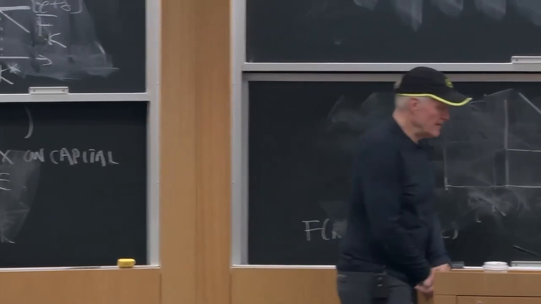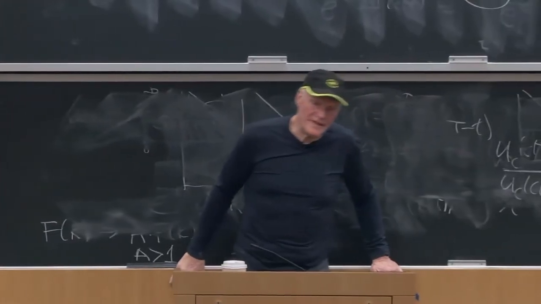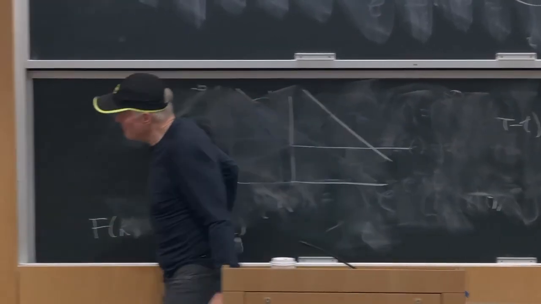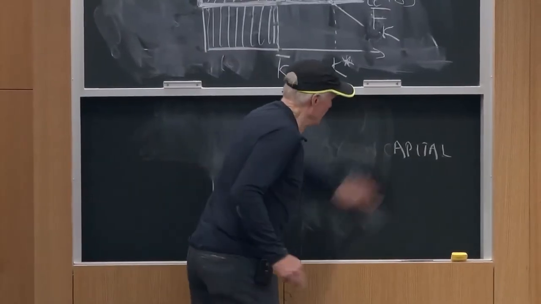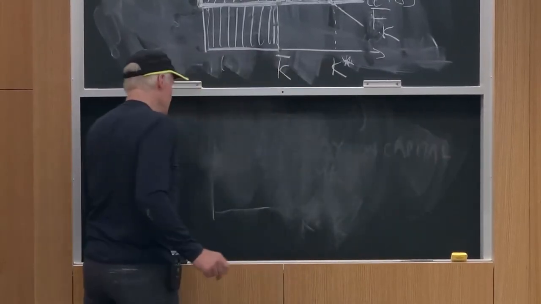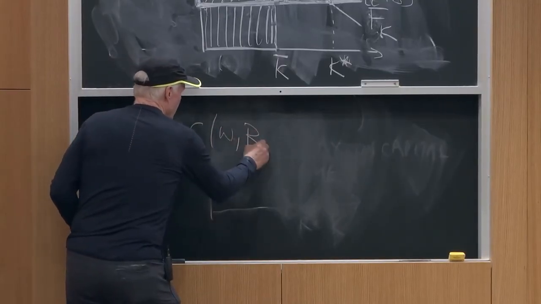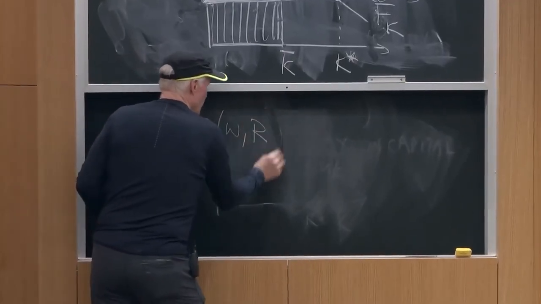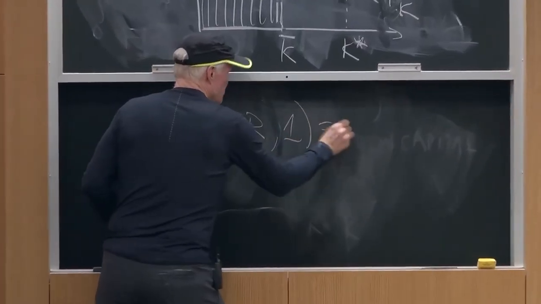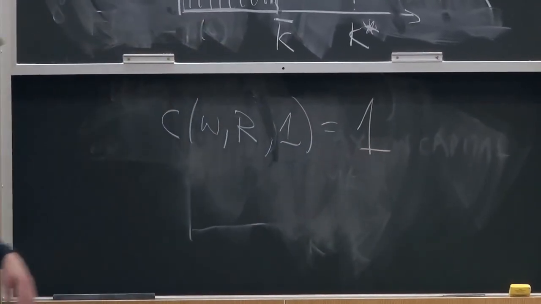So that area. You'd have to have something that, remember, one way to think about it is C of W and R and 1 has to be equal to 1 if you express them in real terms, right?